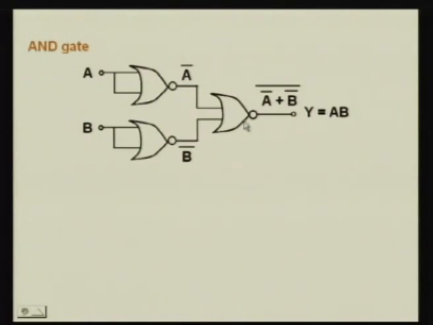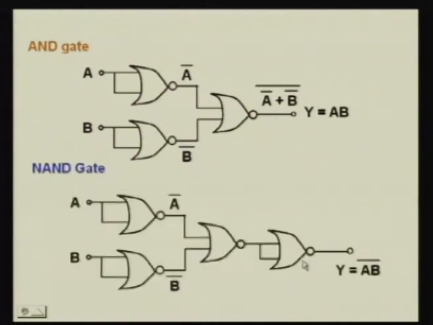Now if we want to use a NOR gate as a NAND gate, what do we have to do? We simply use this output as the input of a NOT gate, as the input of a NOR gate. We have to use one more NOR gate, and apply this output Y to it as an inverter. This is the NAND gate you can see. Up to here it is similar to the AND gate.